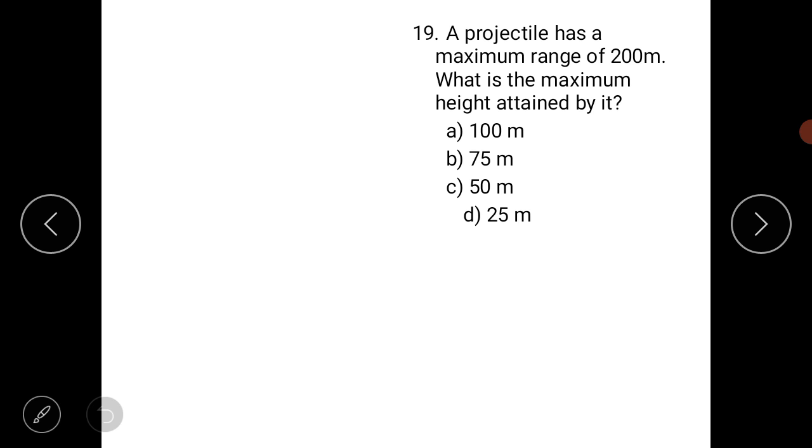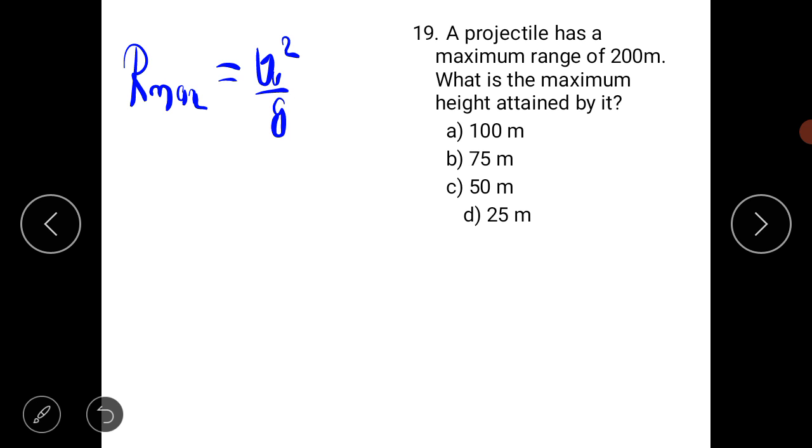Already you know R maxima is V naught square upon g.